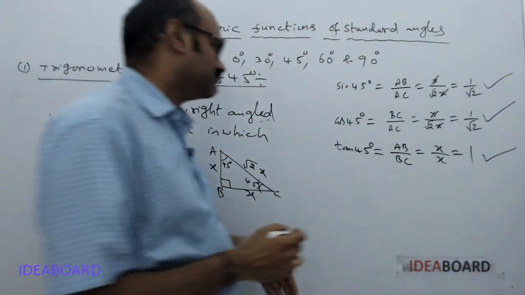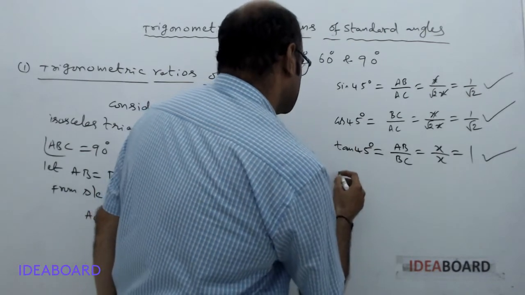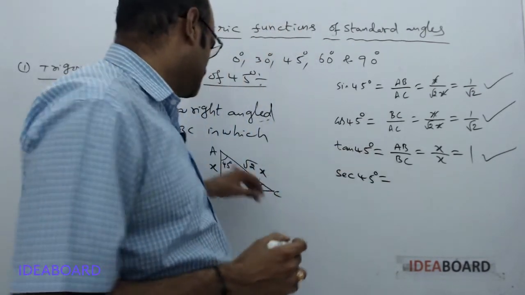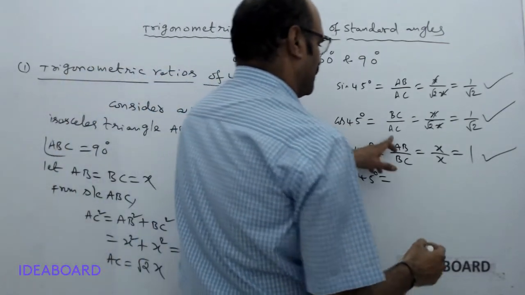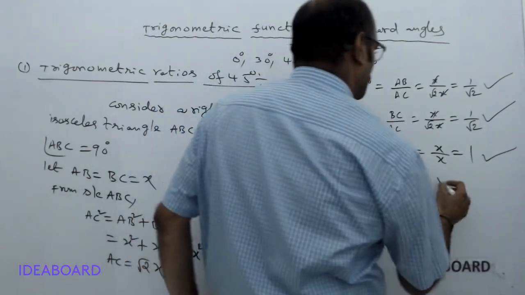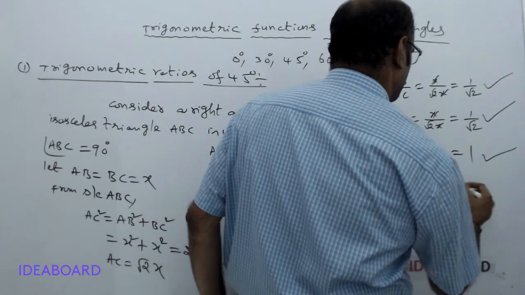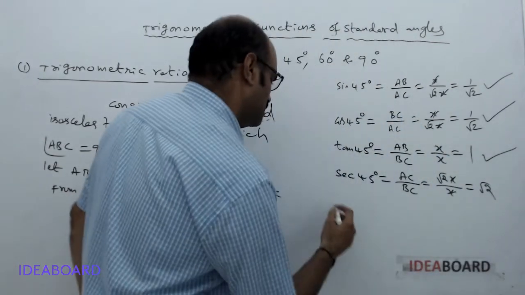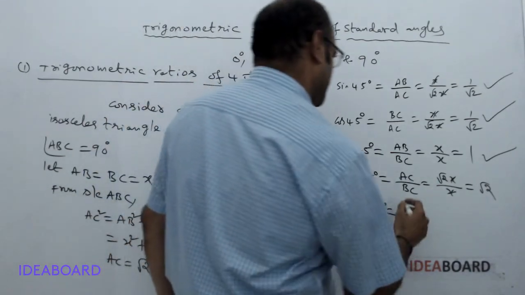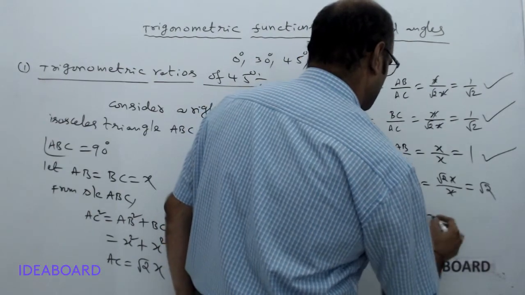Now, secant 45 degrees is the reciprocal of cos, we know that AC by BC equal to root 2x by x equal to root 2. Cosec 45 equal to AC by AB.